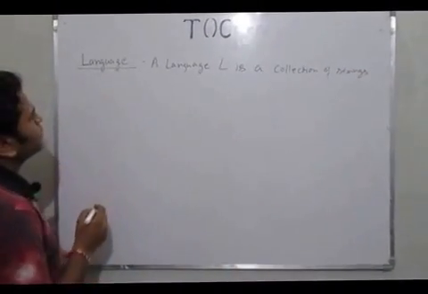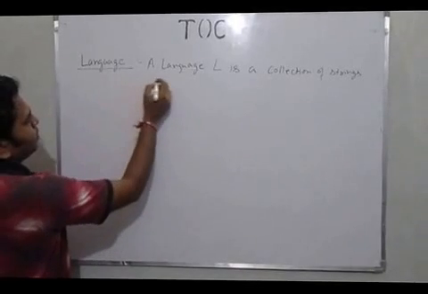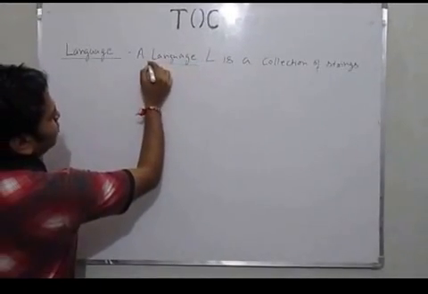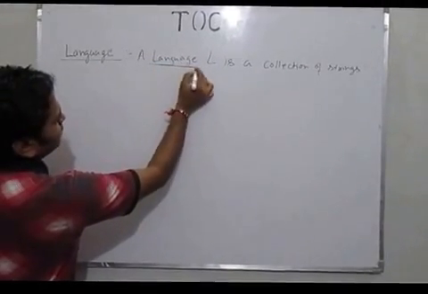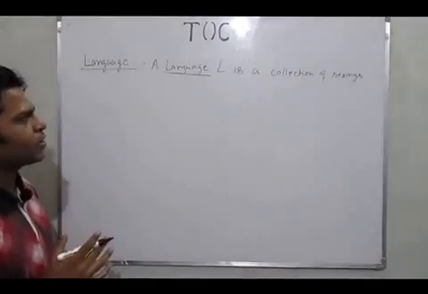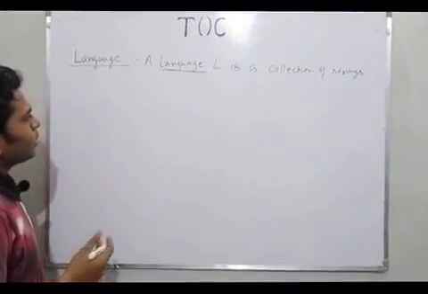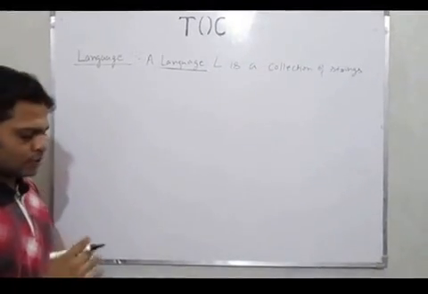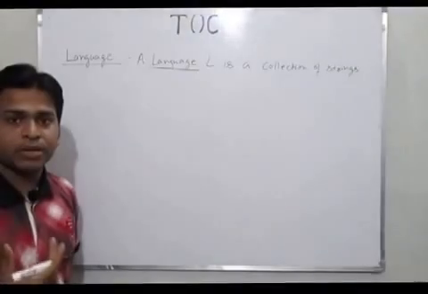See, in TOC, the language that we consider is very much different from the language that we discuss in a normal computer language. In a normal computer language, the language has a particular syntax and semantics. That means it has some meaning.